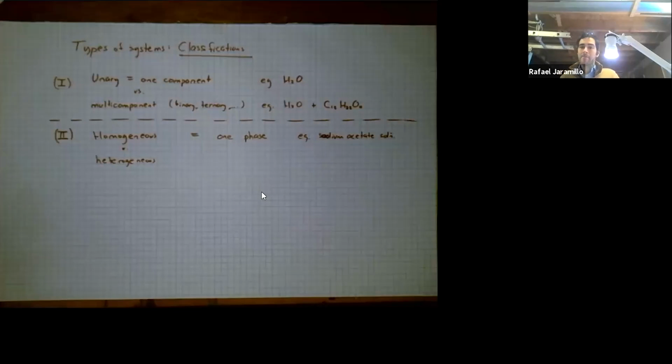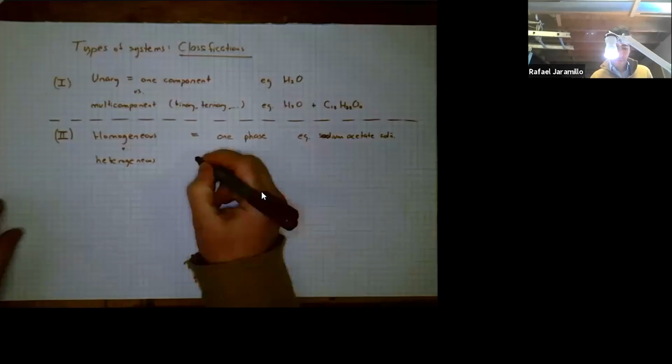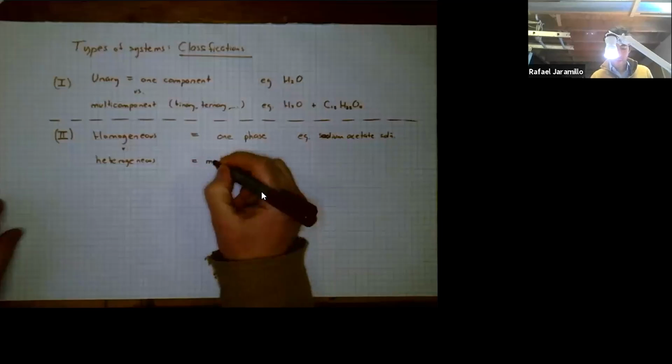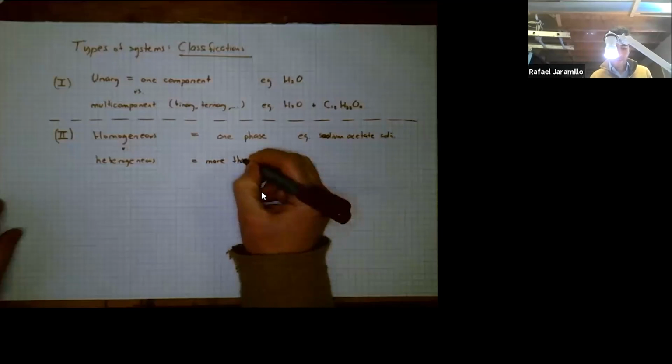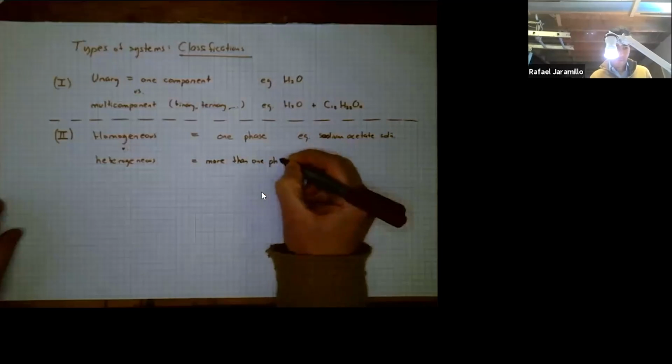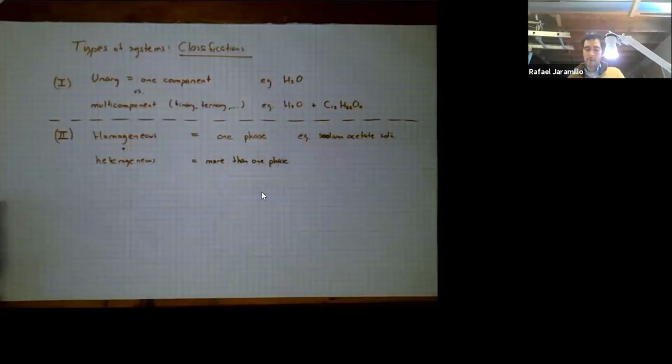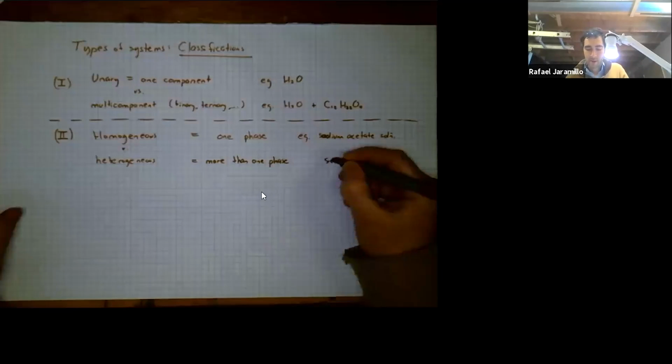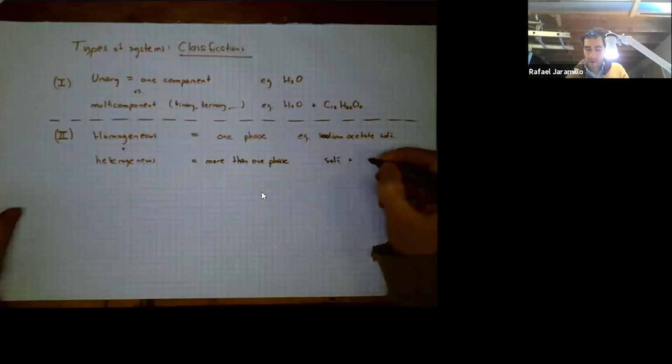That was the supersaturated sodium acetate solution, the starting point for the instant hot pack. Okay, sodium acetate solution. What about heterogeneous, more than one phase? Right, solution plus solid sodium acetate.